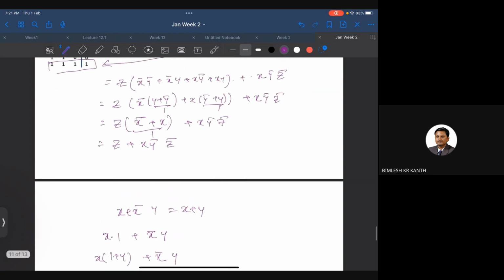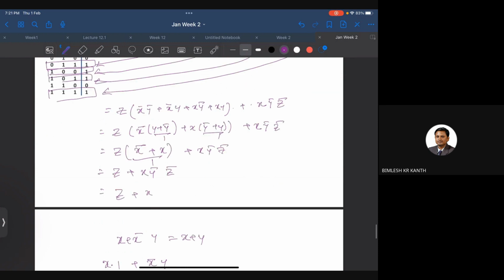Now here you can see that z plus x bar, so it will be z plus x y bar.